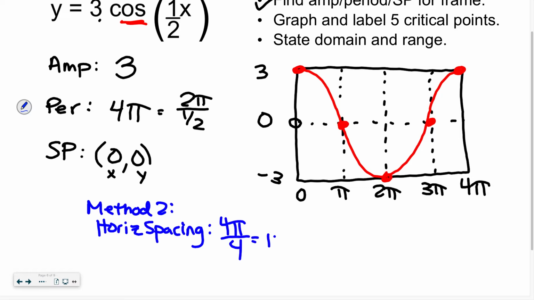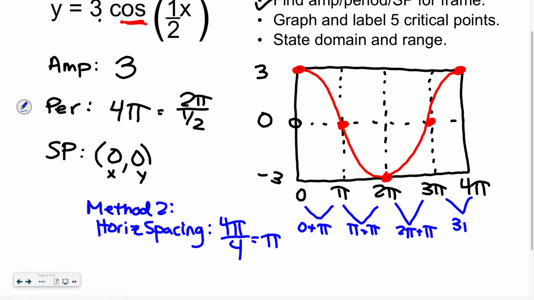And isn't my spacing supposed to be 1 pi? So then I could go to this starting point at 0 and say, okay, 0 plus that spacing, pi, is pi. And then pi plus pi is 2 pi. And 2 pi plus pi is 3 pi, and 3 pi plus pi is 4 pi, obviously, right?